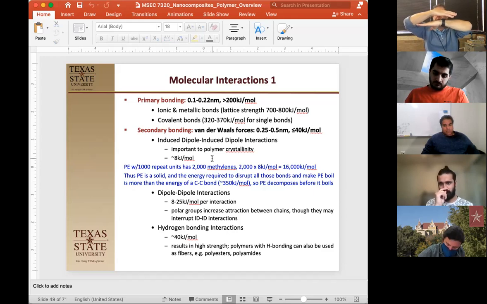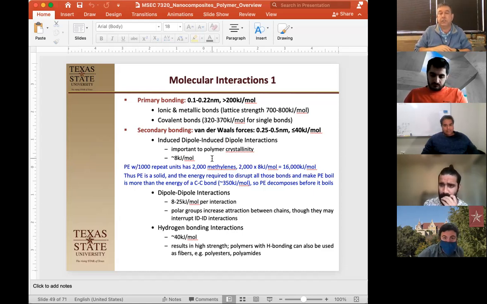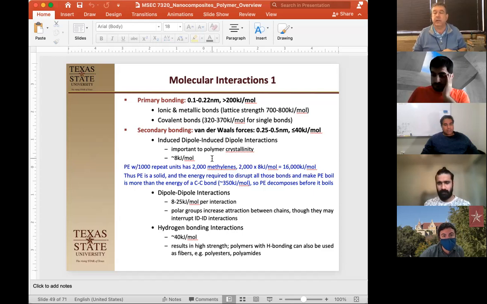We're just going to kind of line up together. We're going to have this weak force, and this weak force is going to be what we call our dipole-dipole interactions. This leads to the crystallinity in polyethylene, but it also leads to the kind of rubberiness of it and the waxiness of it. It's not a very strong interaction. It's the weakest interaction we have in secondary bonding.